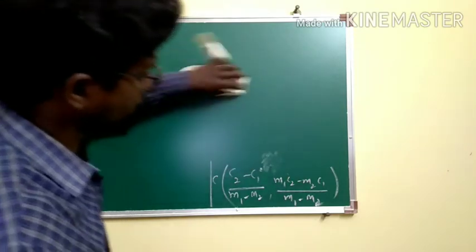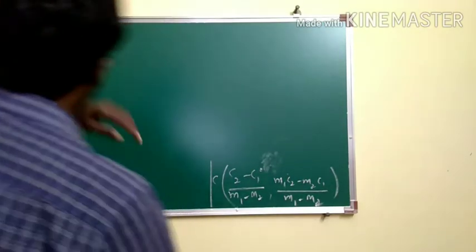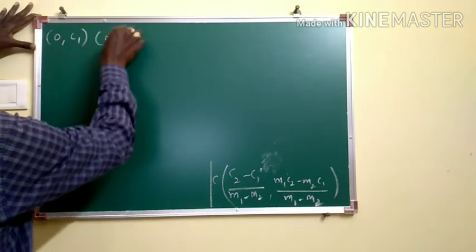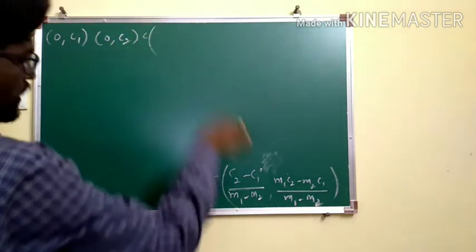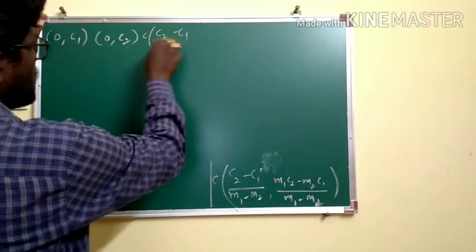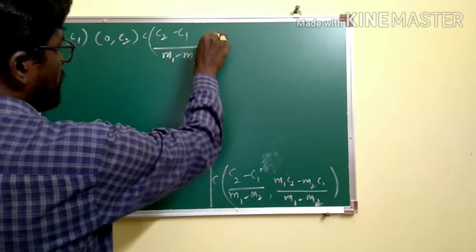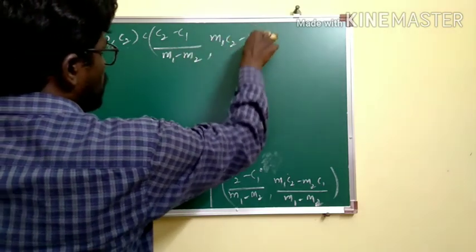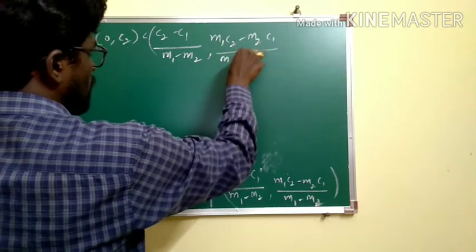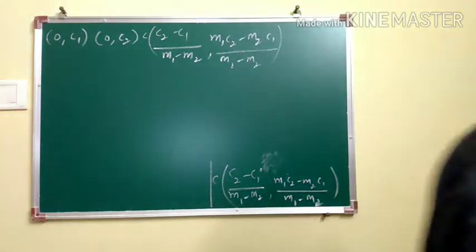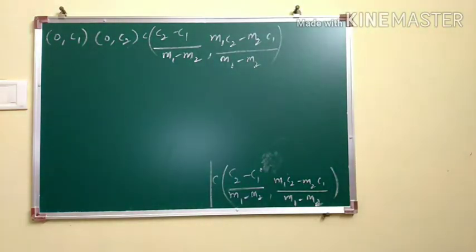Now we have got the coordinates of A, B and C. One is 0, c1. The other is 0, c2. And the third is ((c2 minus c1) by (m1 minus m2), (m1c2 minus m2c1) by (m1 minus m2)), obtained on solving line 1 and line 2, y equal to m1x plus c1 and y equal to m2x plus c2.